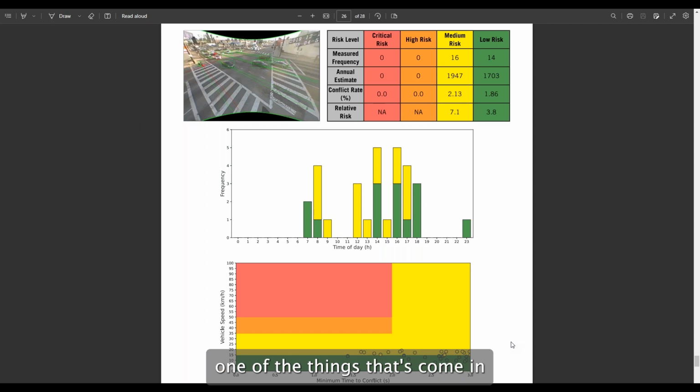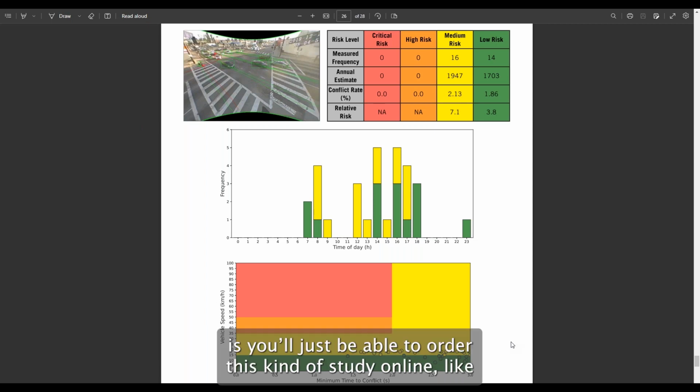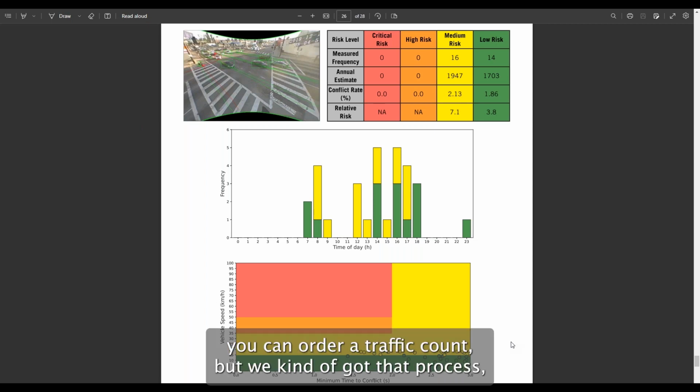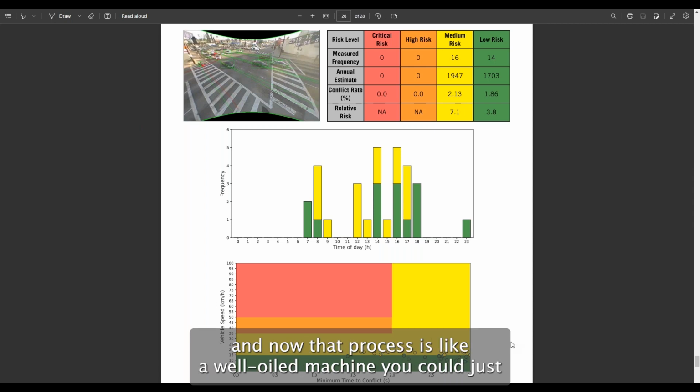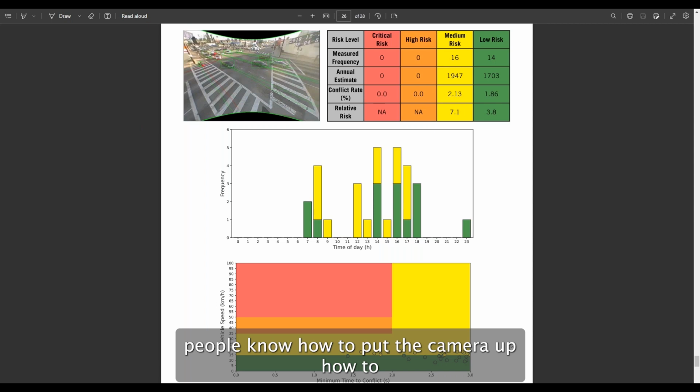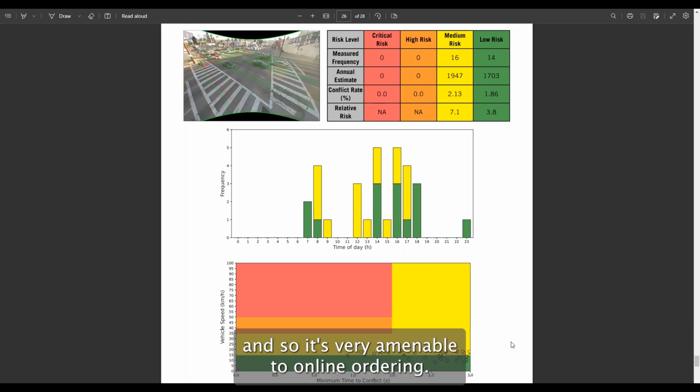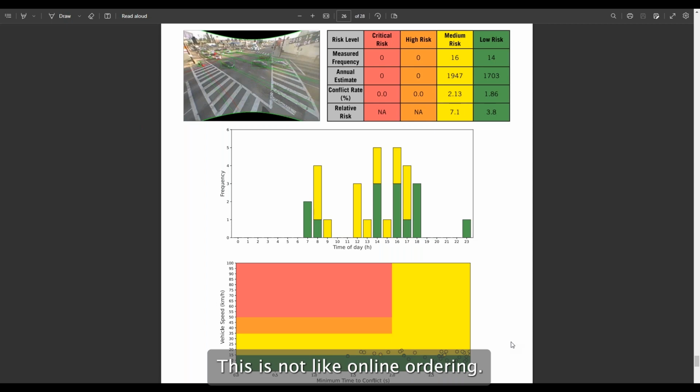In the future, you'll be able to order this kind of study online, like you can order a traffic count. You guys at Miovision, I say we now because we're part of Miovision now, have that process like a well-oiled machine. People know how to put the camera up, so it's very amenable to online ordering. But right now, this is not online ordering.